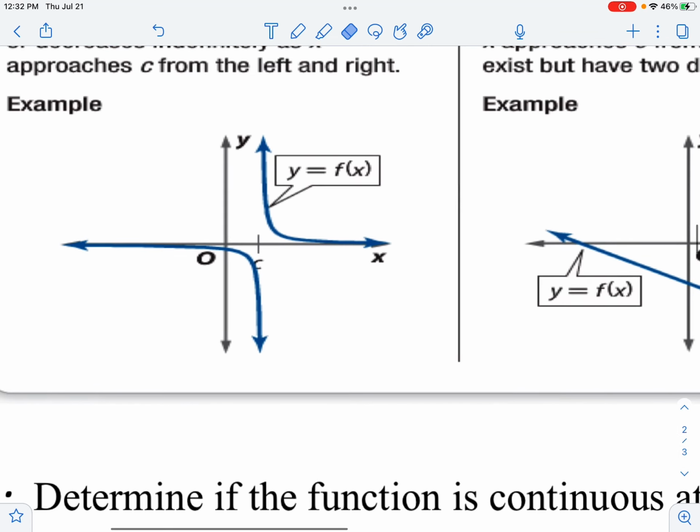If you look at this graph right here, we have this piece that you could draw without lifting your pencil. Not talking about drawing the arrows on the end, but I could still do that. But then you also have to pick up your pencil to draw this piece. So the gap or the discontinuity is located in between these two pieces. Let's draw in what's actually happening at that gap. We have this dashed line right here. This dashed line, as you recall, is called an asymptote.